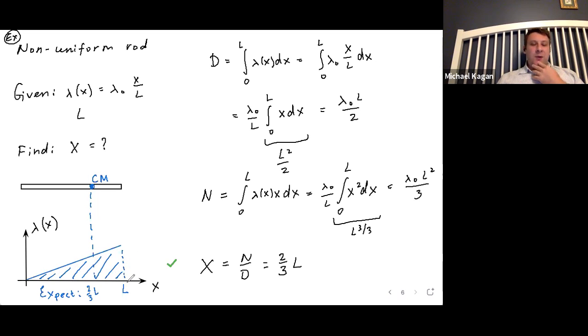Now, what if you had a cone, with the axis parallel to the x-axis? Where do you think the center of mass would be?